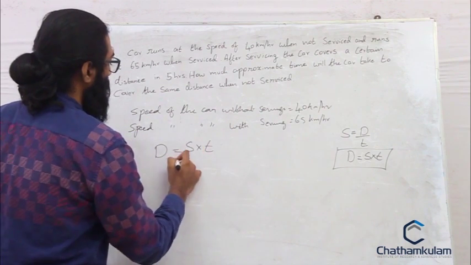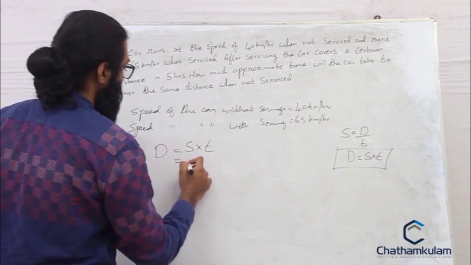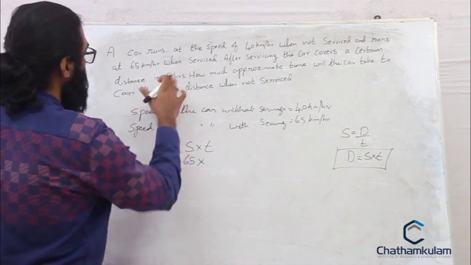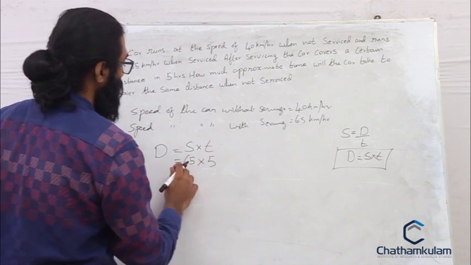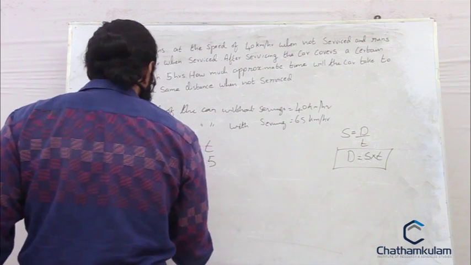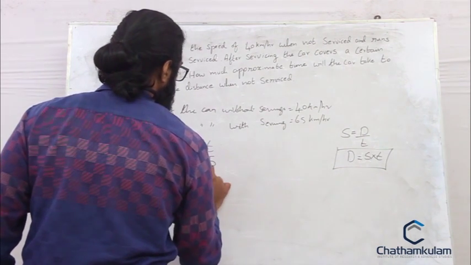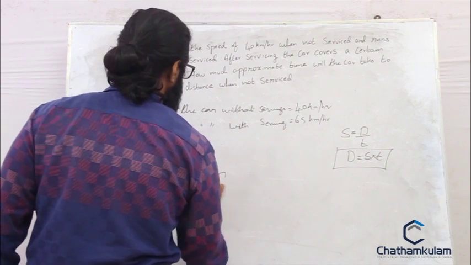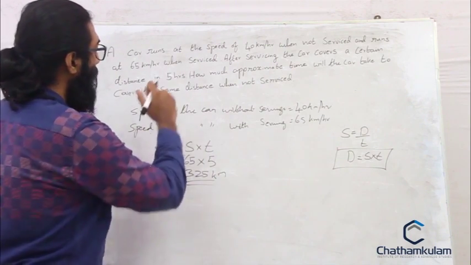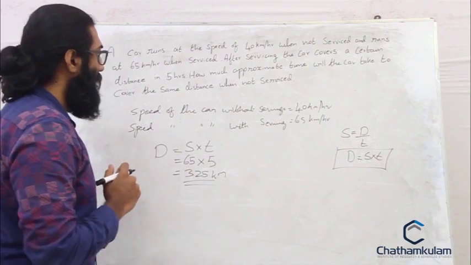What is speed of the car after servicing? It is 65 km per hour into what is the time taken? It is given as 5. So if we multiply 65 into 5, we get it as 325, right? 325 km. So this is the distance traveled in 5 hours after servicing is done, right?